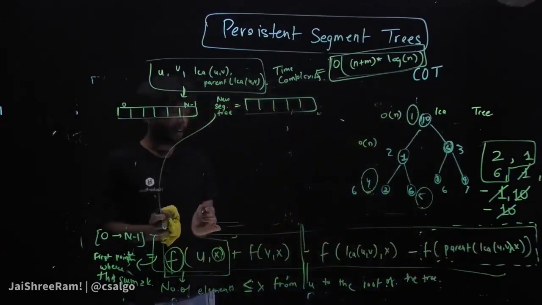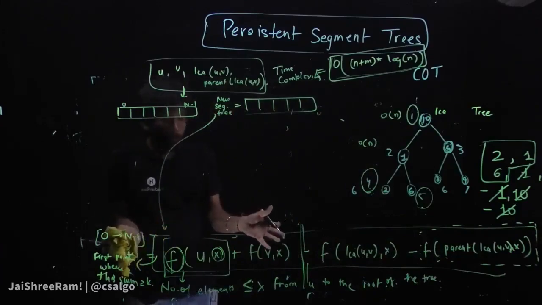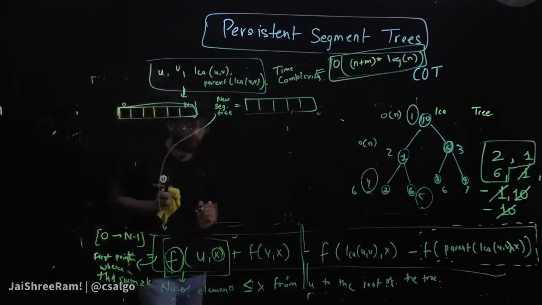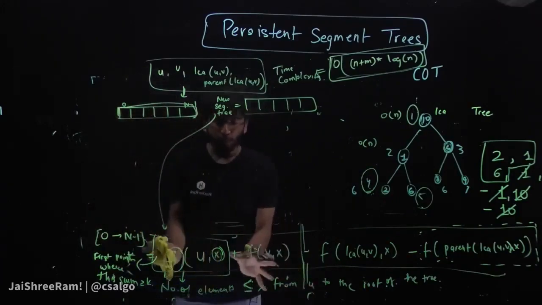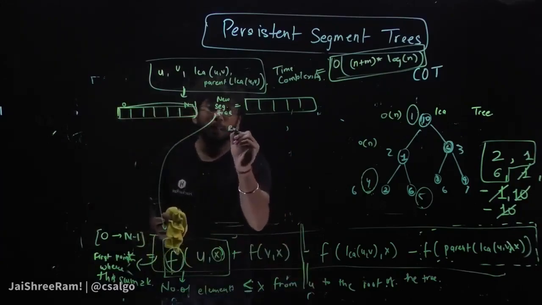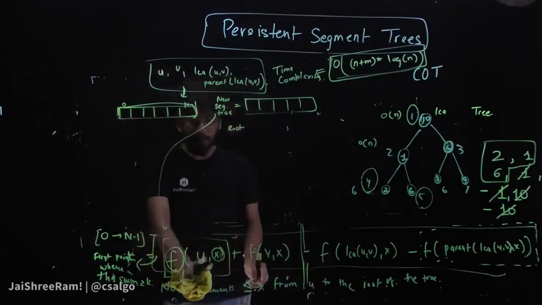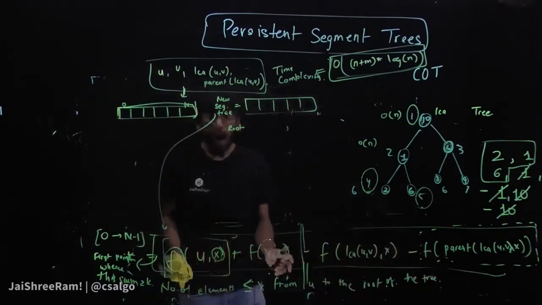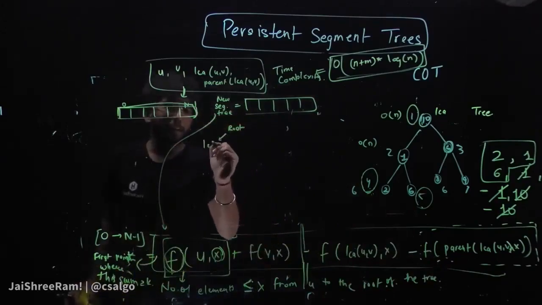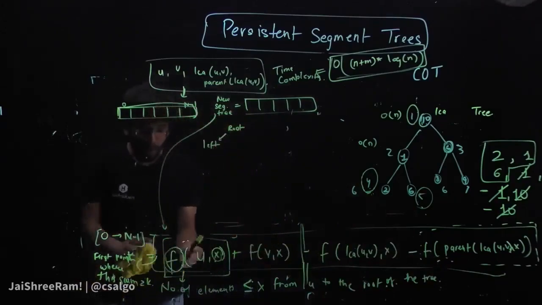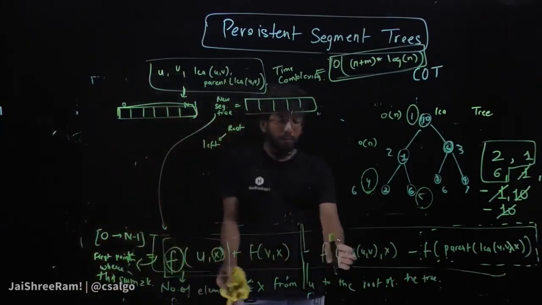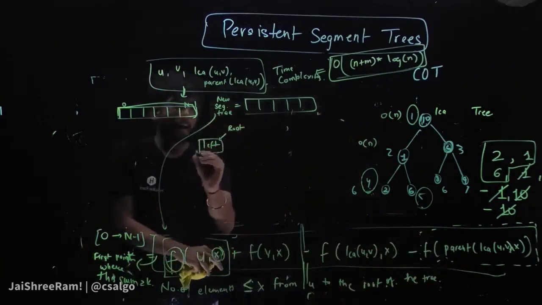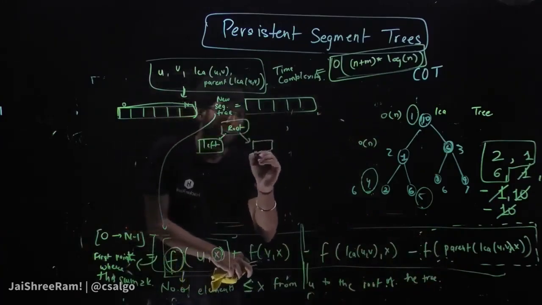So the new segment tree would just be a combination of all of these working on the same set of elements. The root of the new segment tree would be the sum of the values of the roots at these minus these values. And what would be the left child of the new segment tree? I need to go left over here, and subtract the left from here and subtract the left from here. So this is how things actually work.